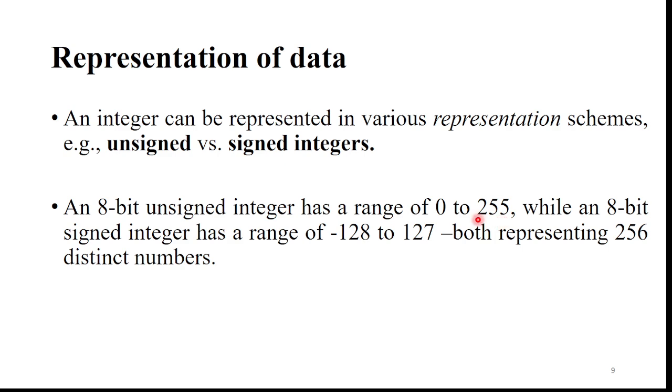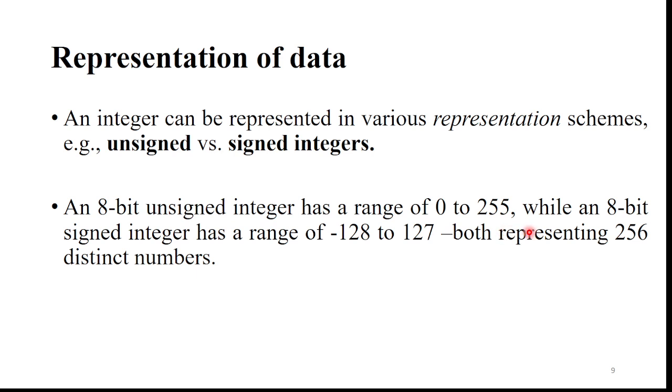Unsigned integers represent non-negative numbers, meaning the numbers between 0 and 255, the 0 and the positive numbers. So the smallest value is 0, the largest value is 255 in binary. This is the range for an 8-bit unsigned integer.